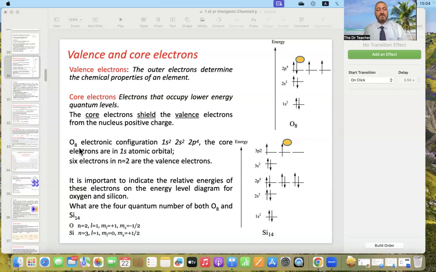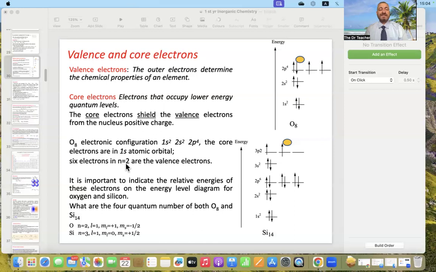So if we take an example of oxygen, the electron configuration of oxygen is 1s2, 2s2, 2p4. So now the core electrons are in the 1s. 1s2 are the core electrons.